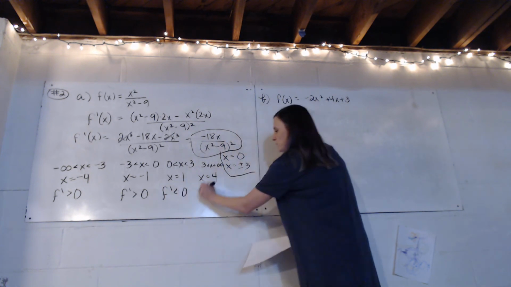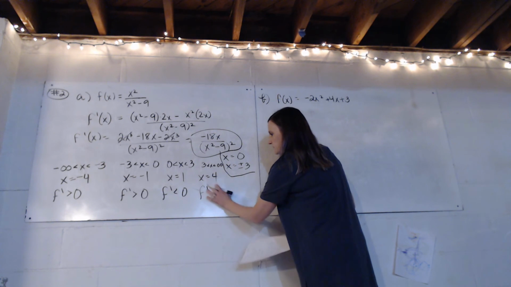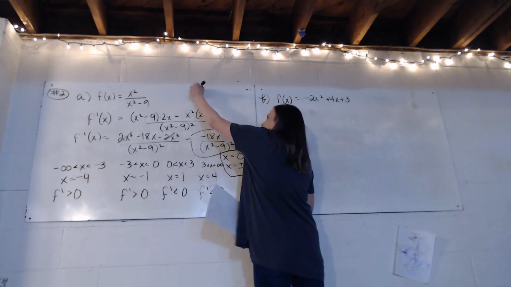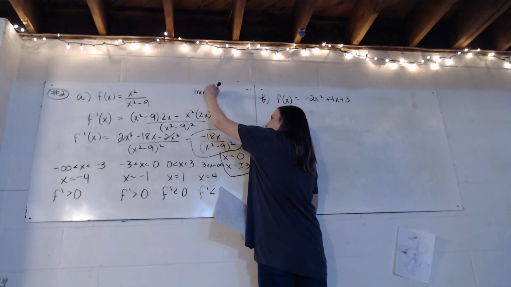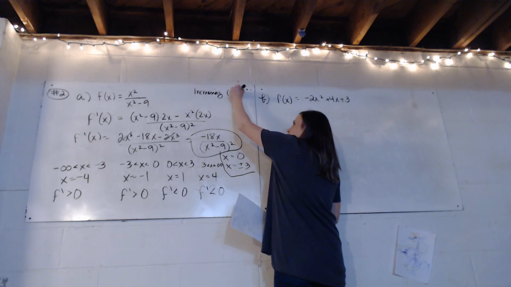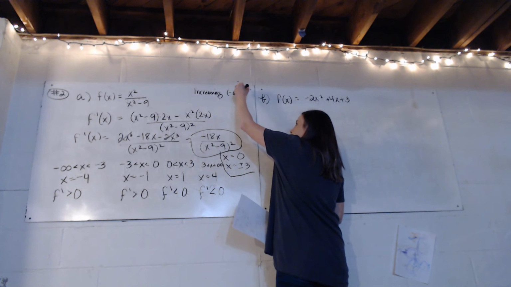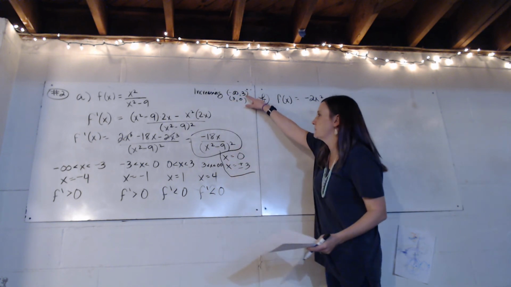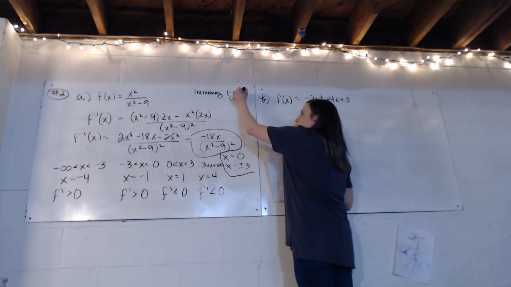And when I plug 4 in, I get a value that's less than 0. So what does this mean? It means I'm increasing on the intervals negative infinity to negative 3 and then negative 3 to 0. Now you can't say negative infinity up to 0, because remember that I should say negative 3, for the love, sorry.